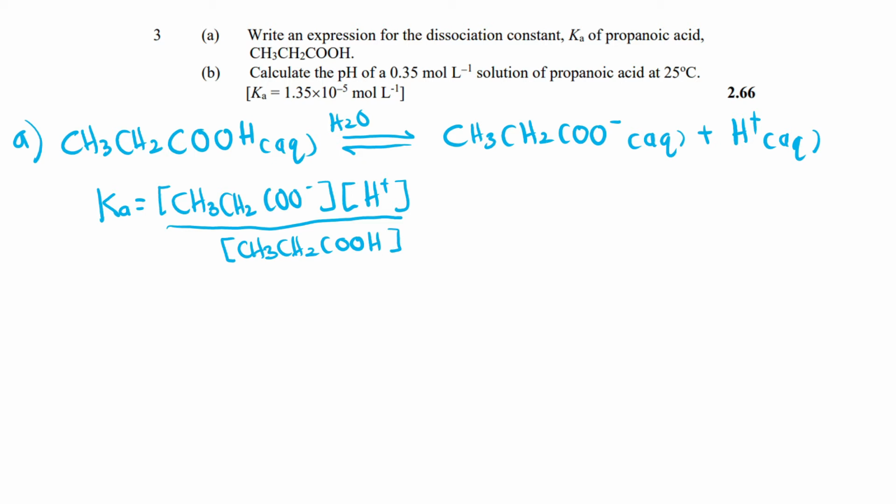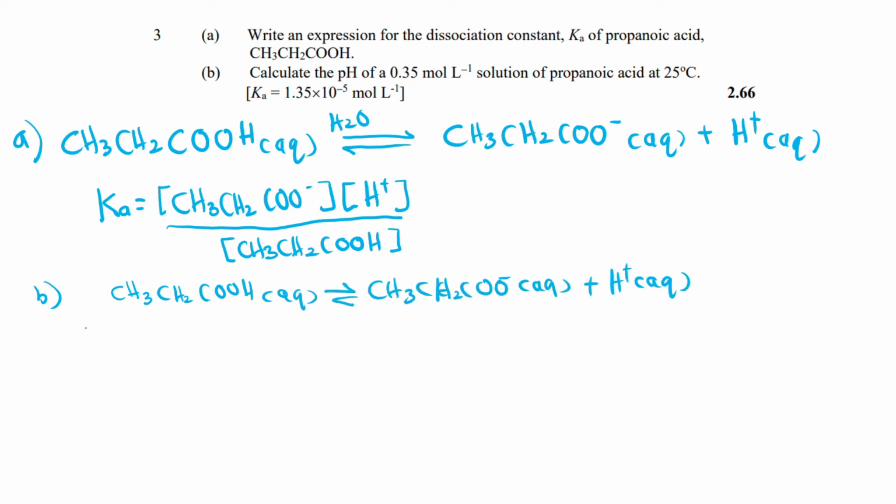Next, calculate the pH of 0.35 molar solution at 25 degrees Celsius, given Ka 1.35 exponent negative 5. This is the expression from before. We write the ICE table for question B. The initial concentration is 0.35 molar, and initially the products are 0 and 0.